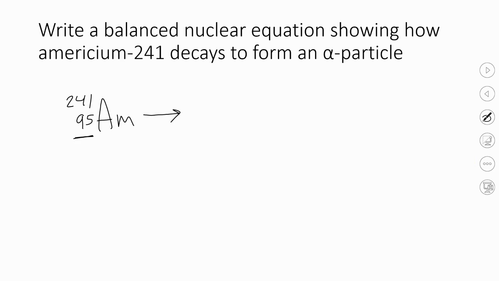Okay, and then this decays. So it's going to break apart into an alpha particle. So what should we put for the alpha particle? Good, helium. I think ALEKS will take a lot of variations. Helium is perfect. And then what labels do we put on helium? What's the mass number? Good, and then what's the atomic number? Good, okay.